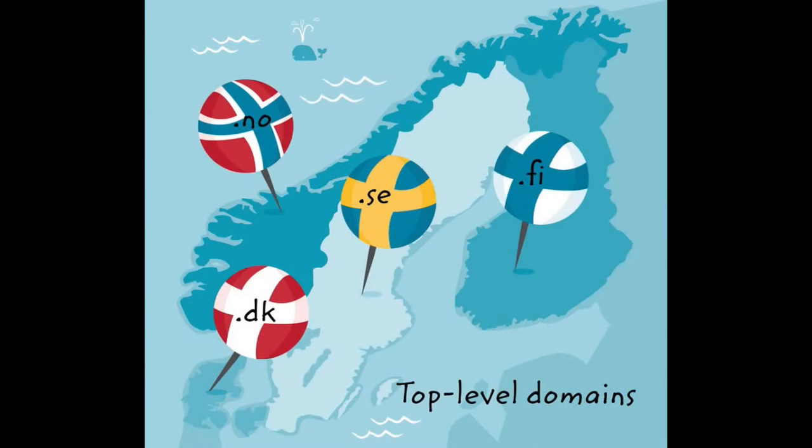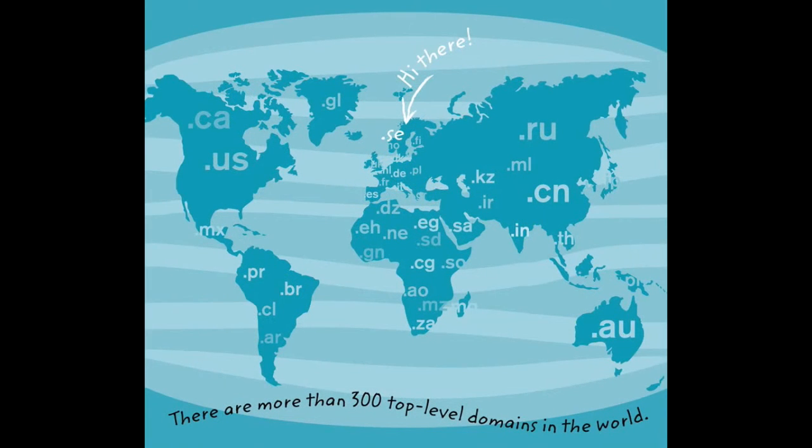To take some examples, Danish websites often have .dk at the end, while many sites in Finland end with .fi, and in Norway they use .no. All the countries in the world have a similar letter code. They're called top-level domains. The abbreviation at the end of an Internet address, like .se, is called a top-level domain, and there are over 300 different top-level domains in the world.